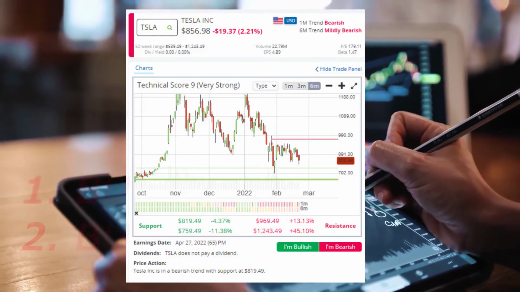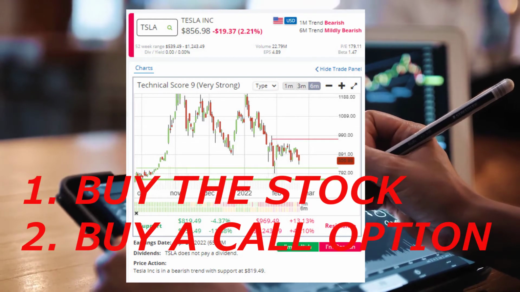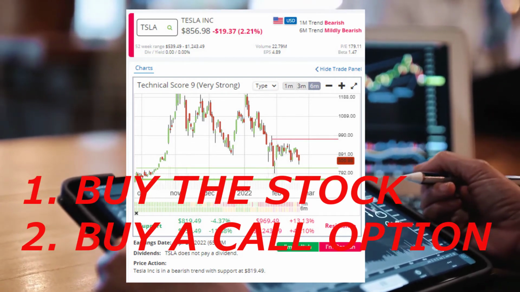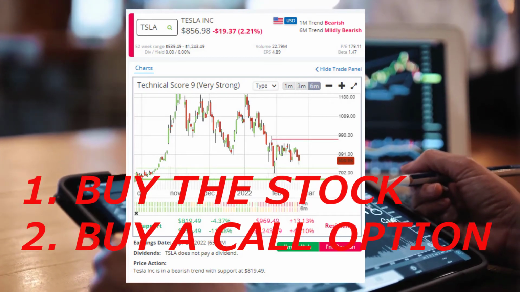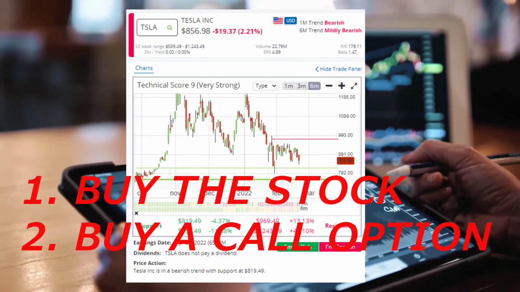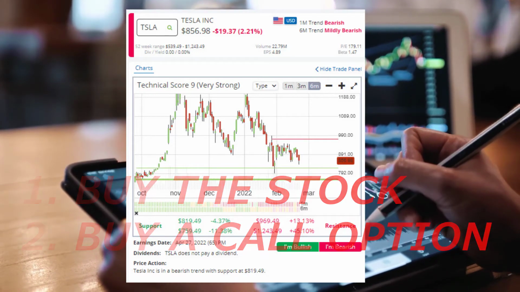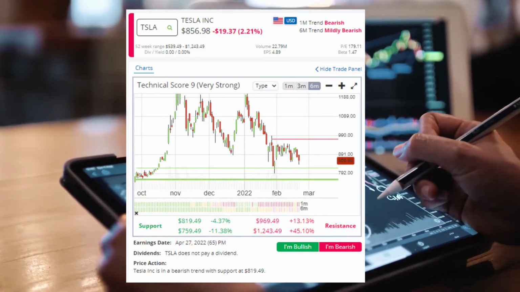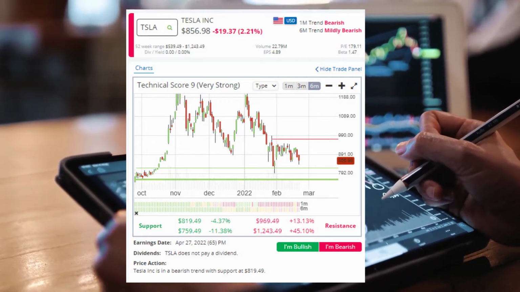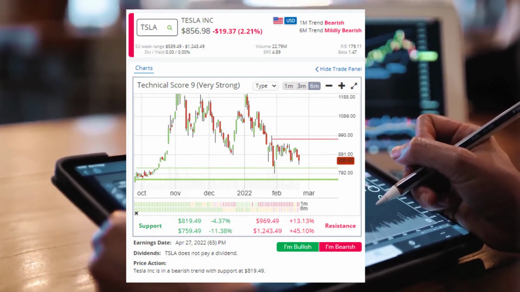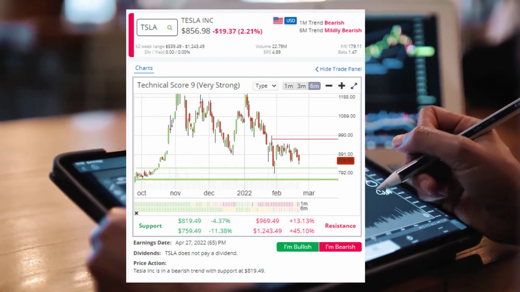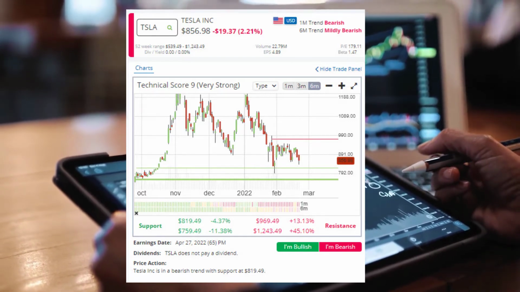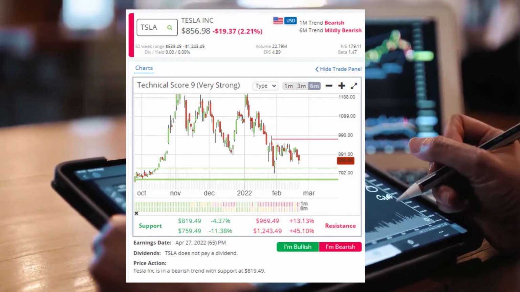We could go out and buy the underlying stock, or we could buy a call option. Now there are many variants on the call option that we could use, and as you get more experience you're going to learn it, but for this example I just want to show you the underlying stock versus a call option to show you the power of leverage.